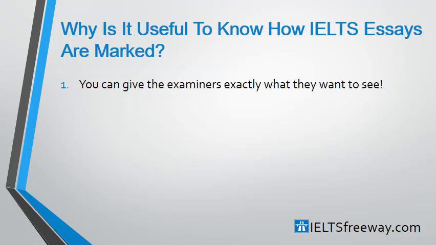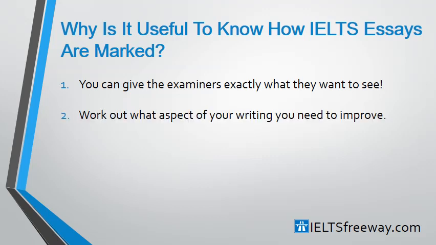Also, if you're doing a history essay for A-level history, you might be required to quote from different sources. These are all things you do because you know that that's what the examiners want to see. So this gives you a really positive advantage in getting a higher score.